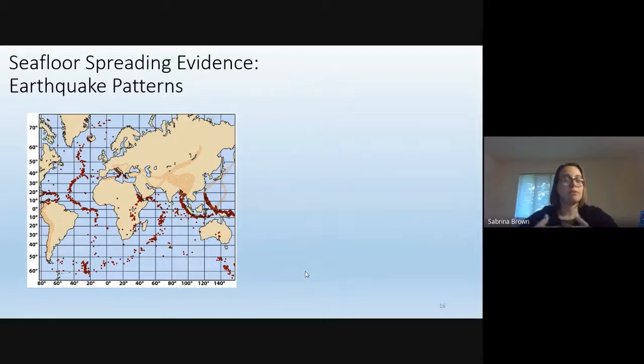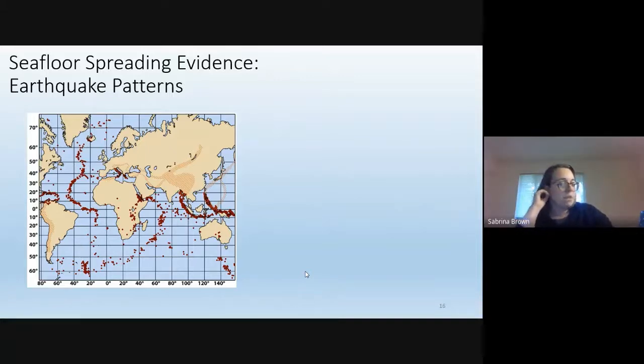All right, the next piece of evidence for seafloor spreading are earthquake patterns. So if we didn't have any lithospheric plates on Earth and everything was pretty similar, and things weren't moving around, then we would expect earthquakes to have no pattern at all, just a shotgun scatter pattern where they're just kind of equal all over the place.